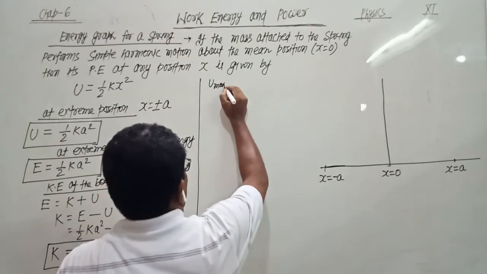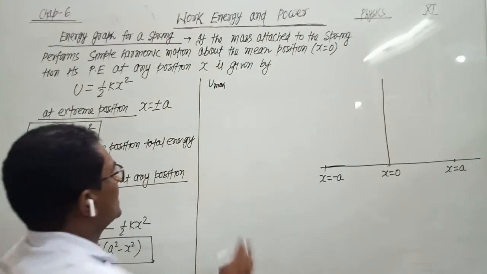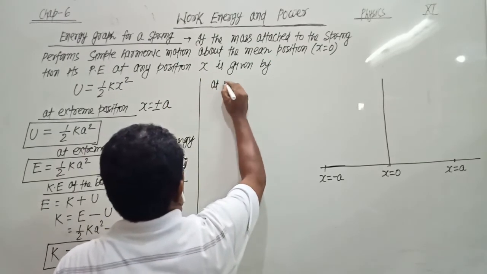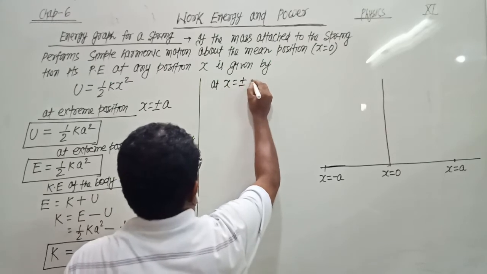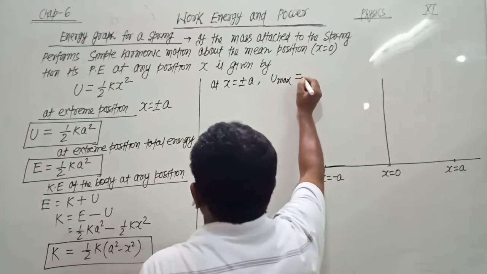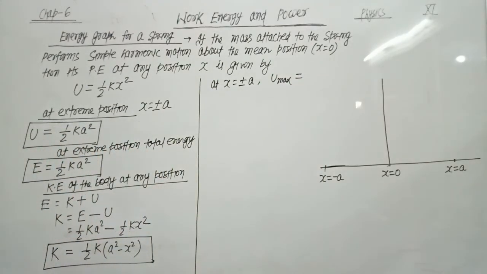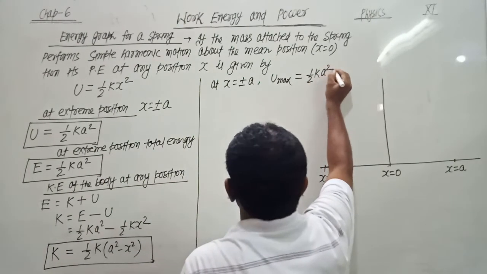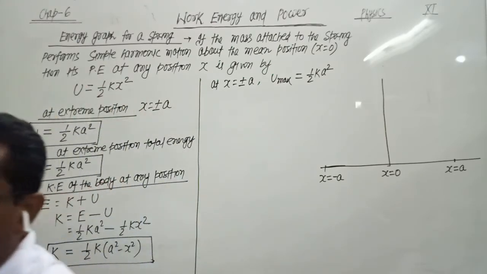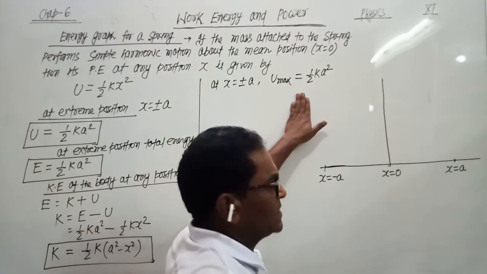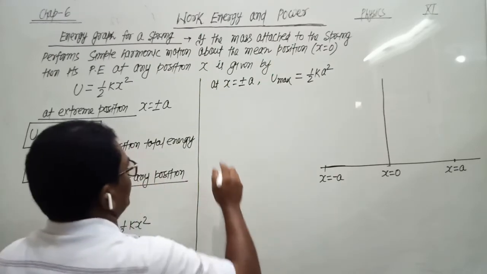But maximum potential energy is found at x equals plus or minus A. So at x equals plus or minus A, U maximum equals 1/2 kA². We put the value of x equals plus or minus A and get the maximum potential energy at the extreme position.